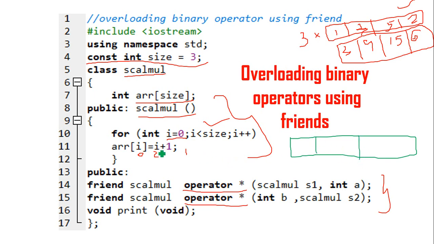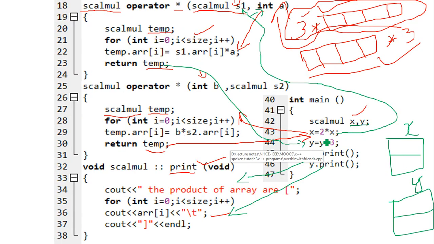This will have 3 elements. The first element will be loaded with the value 1, the second element with the value 1 plus 1, 2, and the third element with the value 2 plus 1, 3. Then the result will be 2 into x, isn't it?